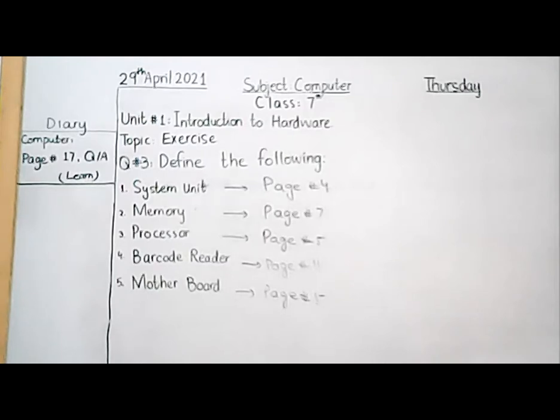Okay, I'm going to repeat it. ROM stores data dash. A, permanently. B, temporarily. C, partially. D, fully. What will be the answer? The answer will be permanently.